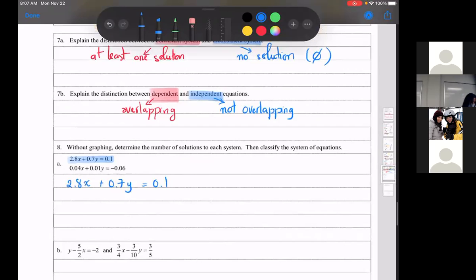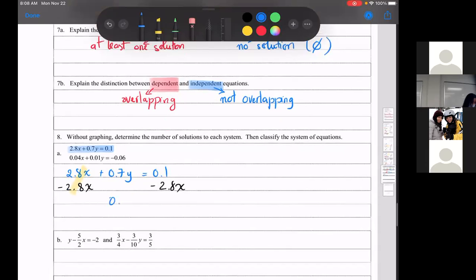Subtract 2.8x. That cancels. So I have 0.7y equals negative 2.8x plus 0.1.